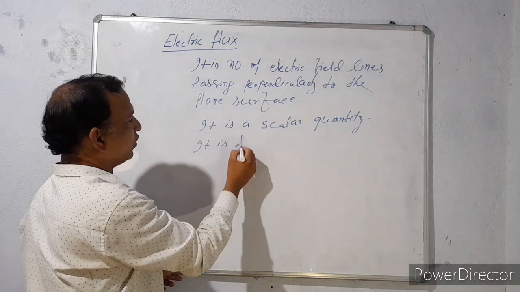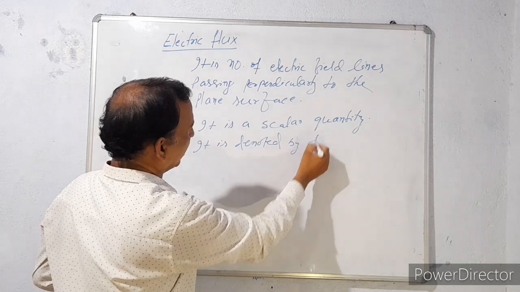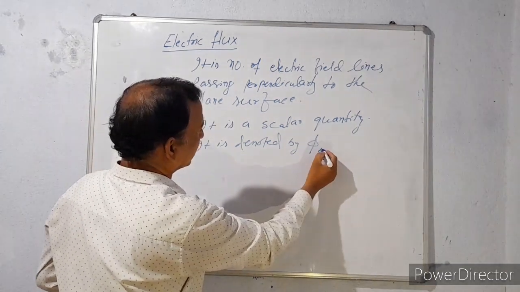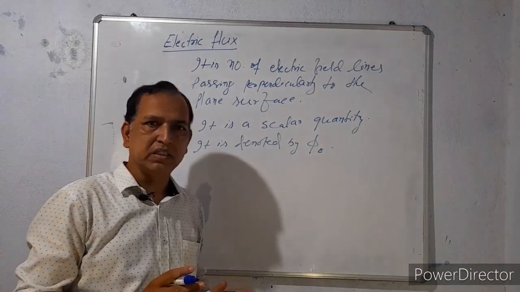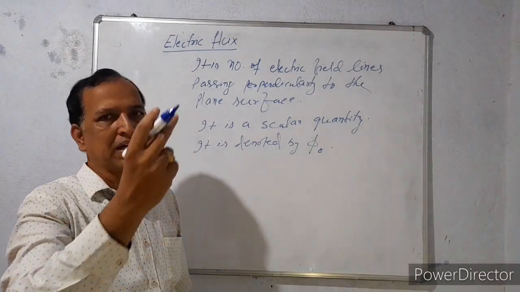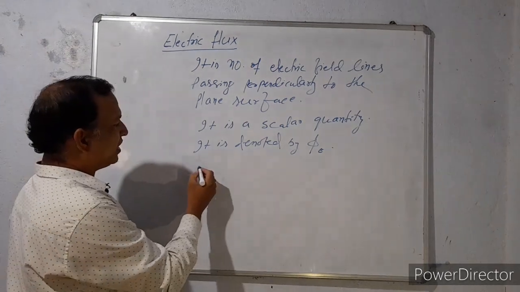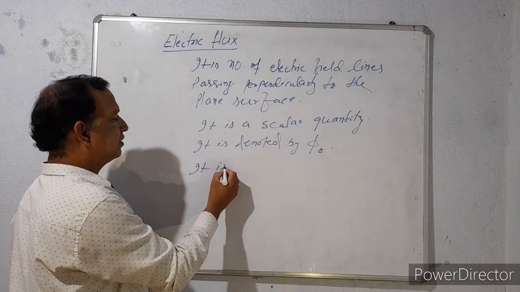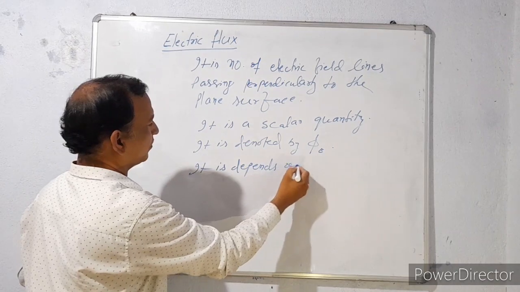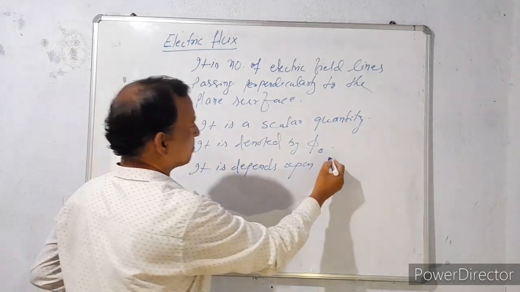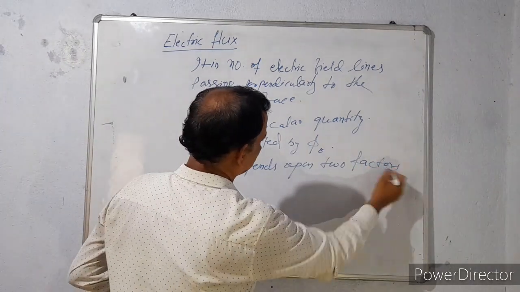It is denoted by phi or phi e. This electric flux depends upon two factors. Which are these? So it depends upon two factors.